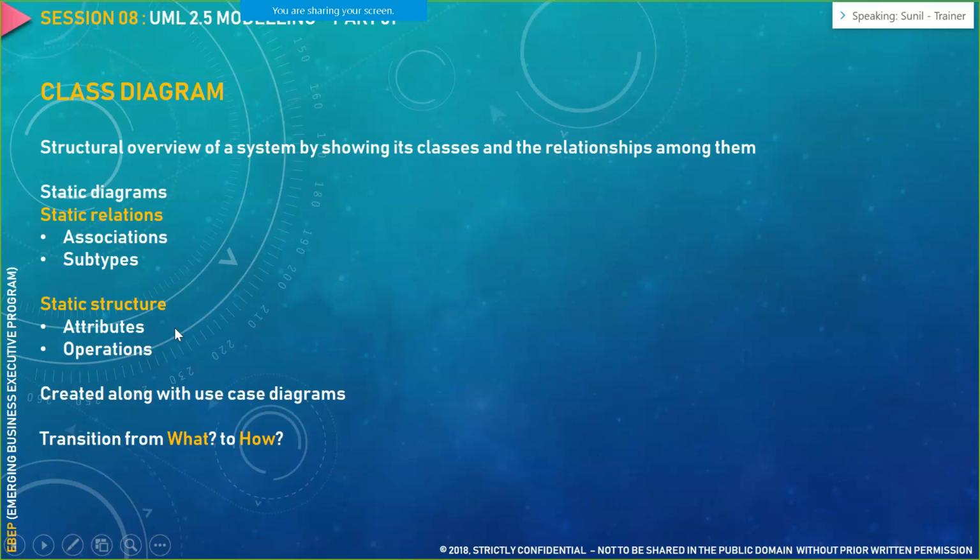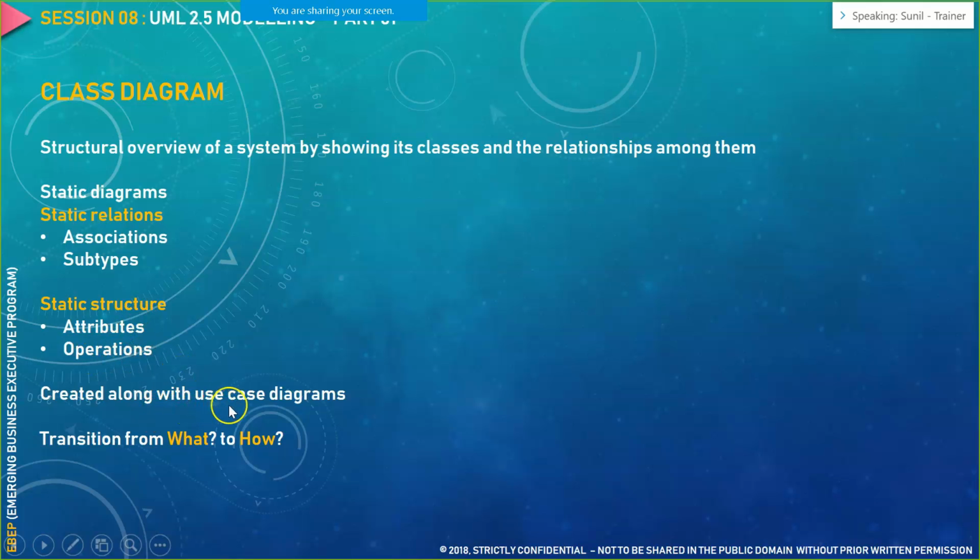Anything that describes a particular class template is nothing but your attributes. For example, if you consider a student class, name, date of birth, and address would come as attributes. Operations would be adding a student, deleting a student, updating a student. Any operation that you perform on a student class is nothing but your operations.